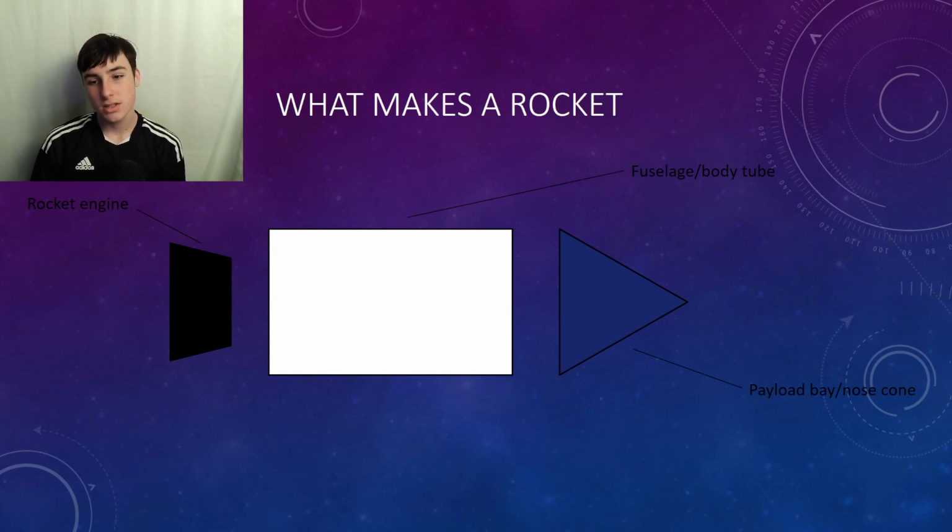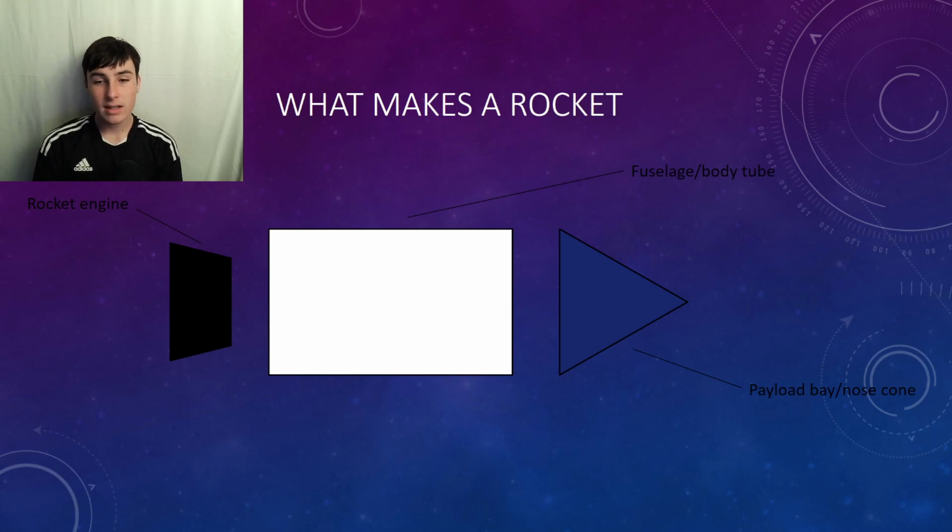It's used to provide aerodynamic stability while going through the Earth's atmosphere, because the faster you go, especially in the lower part, the more things heat up due to atmospheric drag. And basically, that's it.